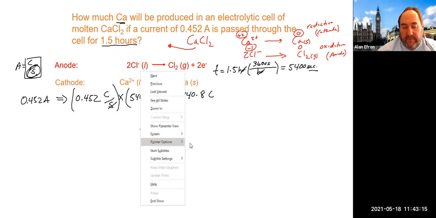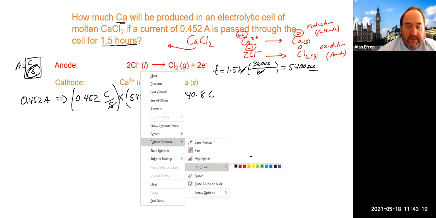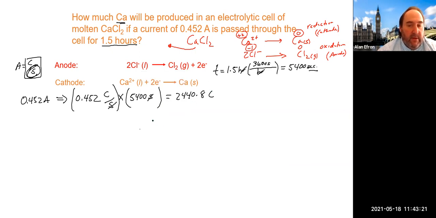Now, if you remember the way that we work this problem, once we get to this point, this is where we can use Faraday's constant, which is 96,500. In this case, it is coulombs per mole of electron. We're going to use that as a conversion factor to get us into moles of electrons.